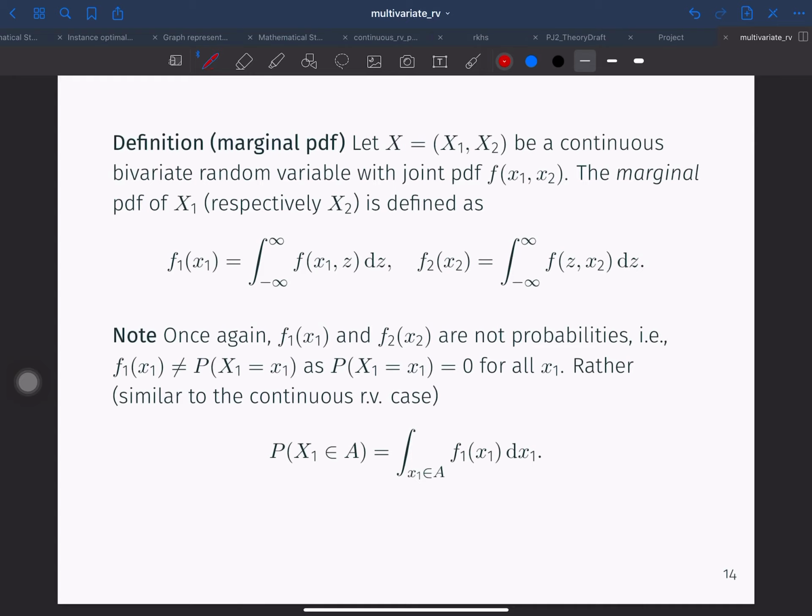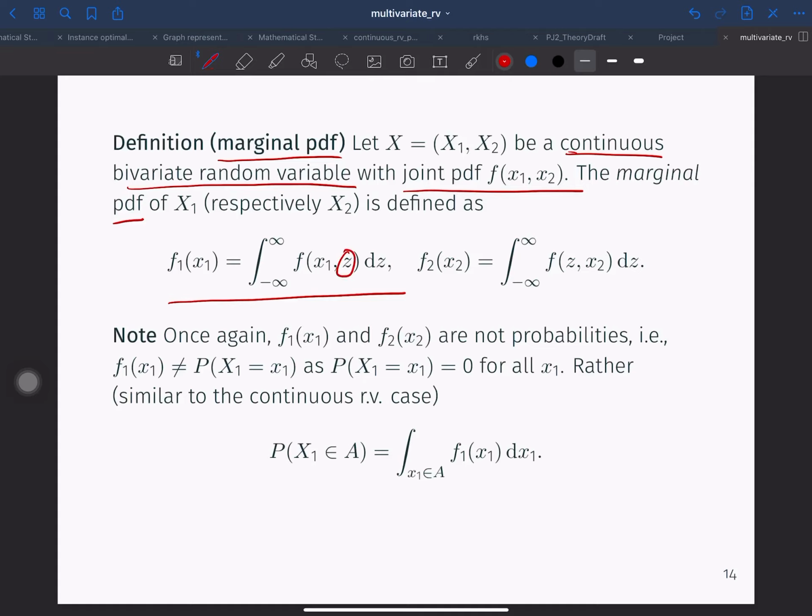So in the case of a continuous bivariate random variable, instead of having marginal PMF, we have marginal PDF. So if you have a continuous bivariate that has a joint PDF, denoted as little f here, then the marginal is obtained by integration over the second argument.